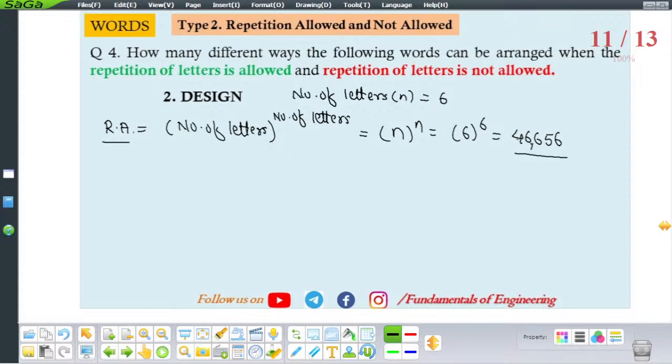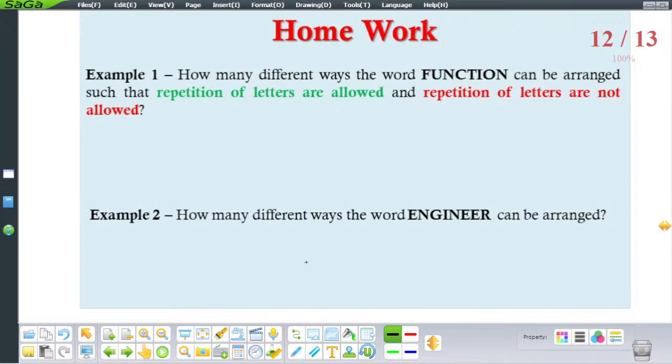So there we have seen the different cases: when repetition of letters is allowed and not allowed, and repeated letters and non-repeated letters. Based on those examples, you have to solve the homework problems.